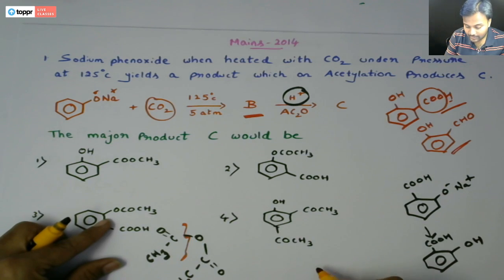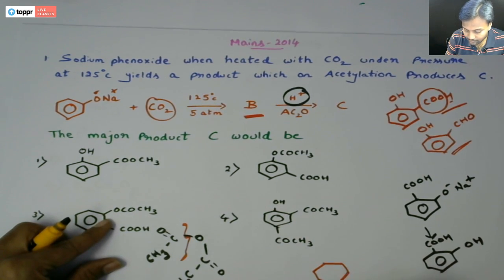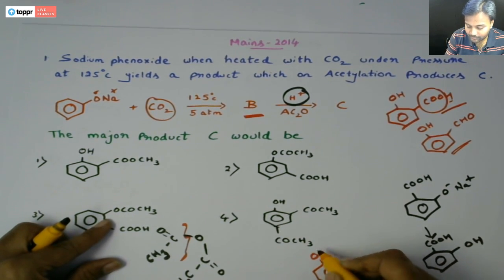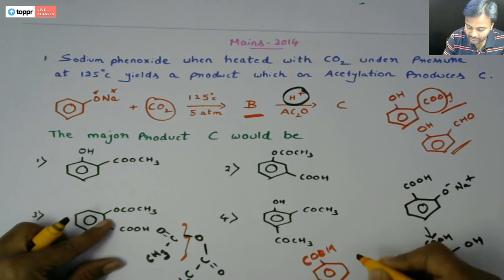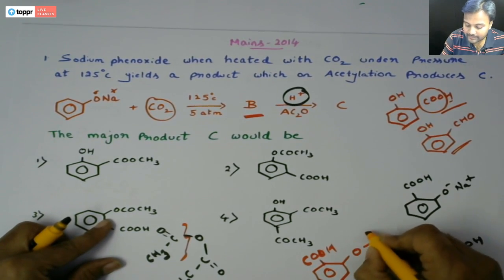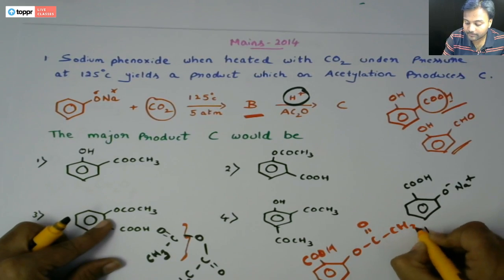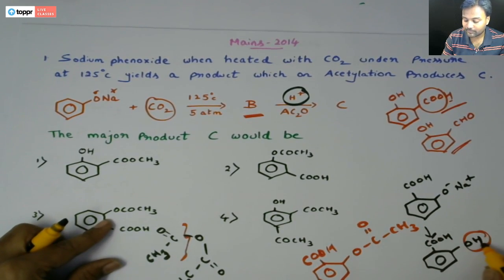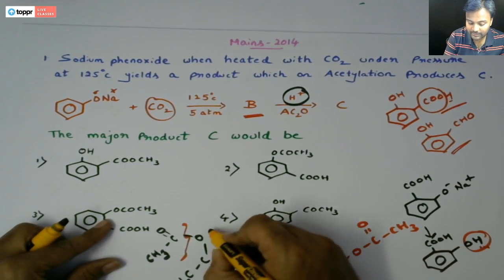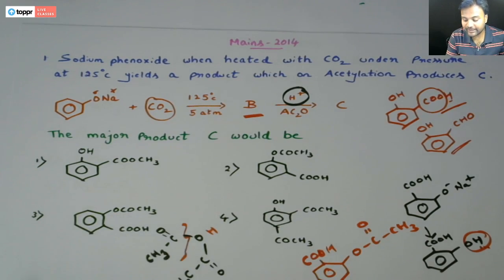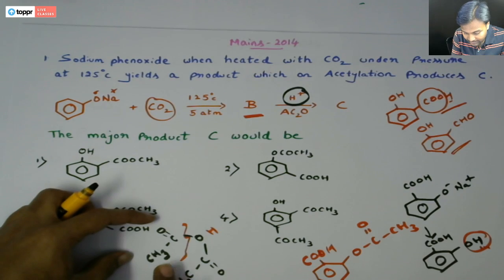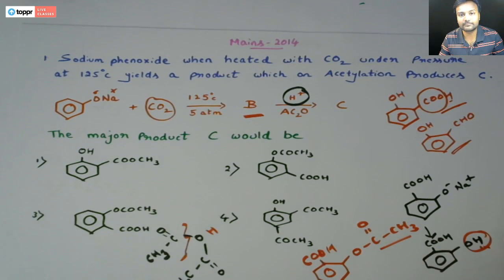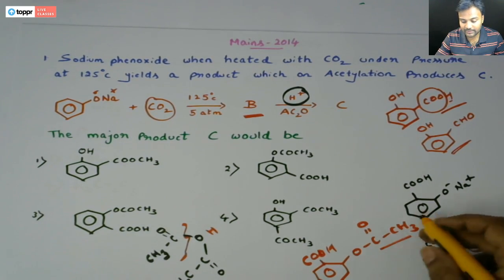See, I'm writing the structure: COOH here, O CO CH3, meaning this hydrogen is eliminated as acetic acid, whereas the acetyl group, that is the COCH3 group, attacks here. Where is this present?